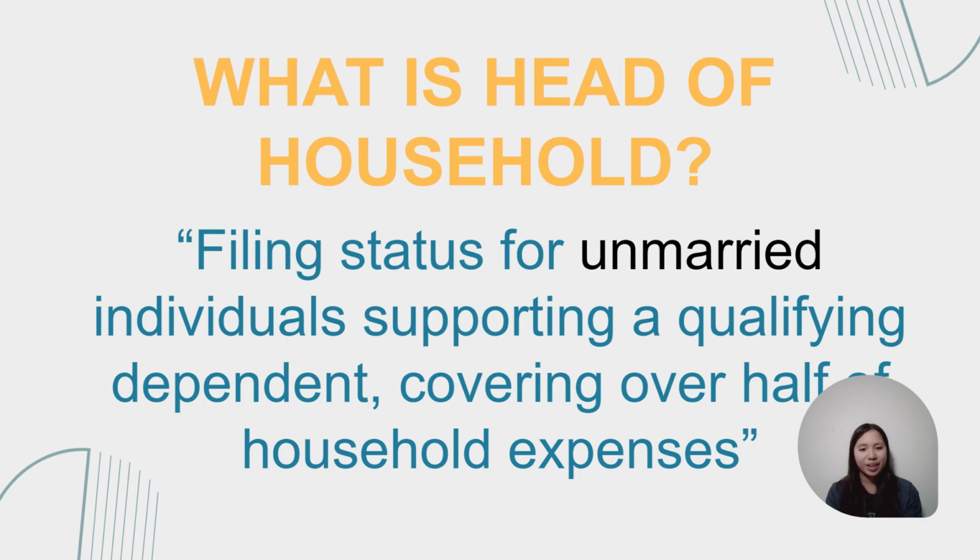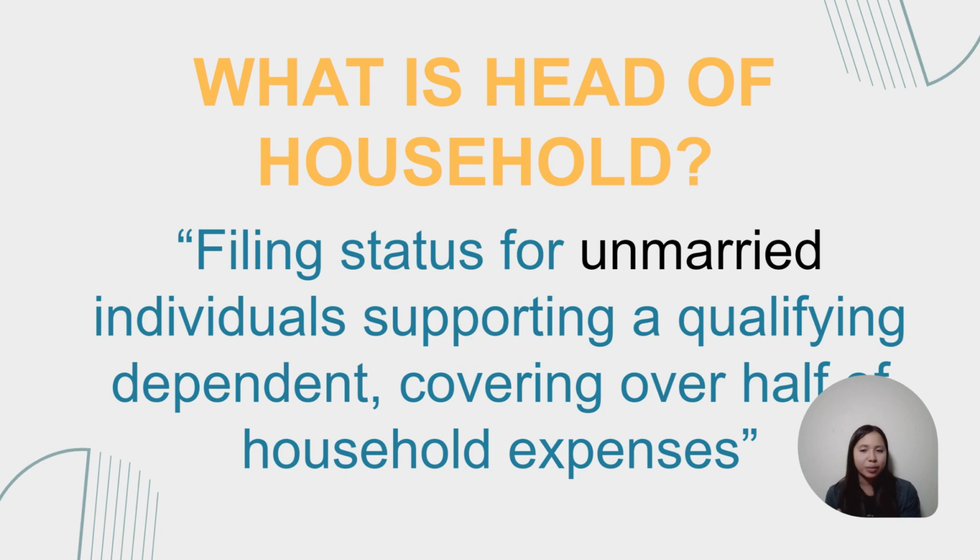And if you don't know what that is, please go see my dependents lesson where we go into a lot more depth on what qualifies as a dependent and what doesn't. But for the filing status test, your dependent does not only have to qualify as a dependent, but in order to claim these statuses that have a dependent in them, you need to also provide more than half the support of taking care of the home or the home expenses.